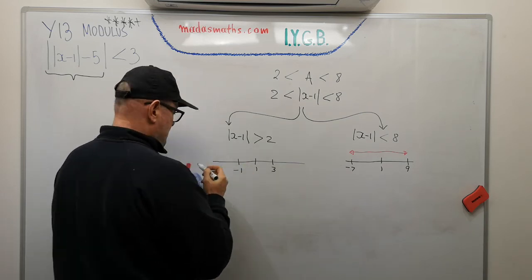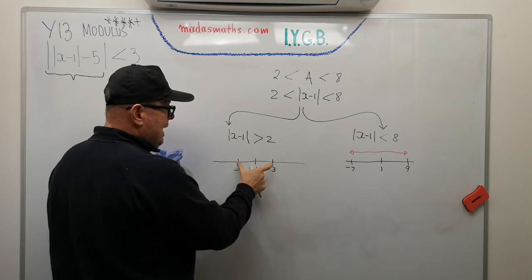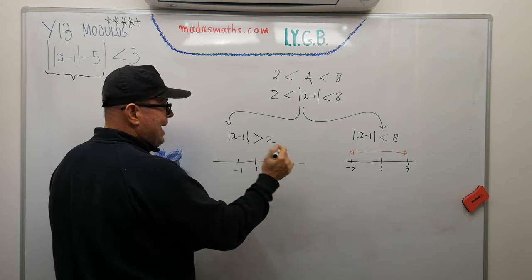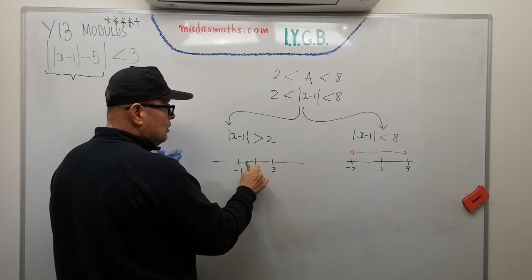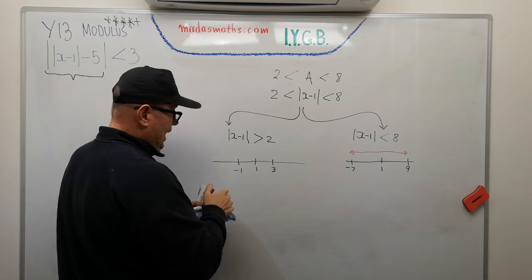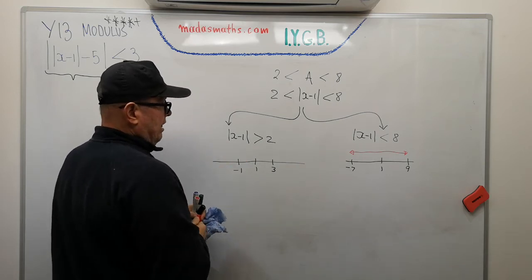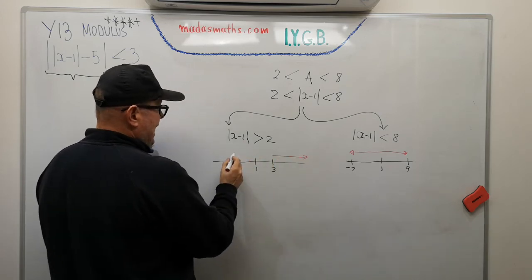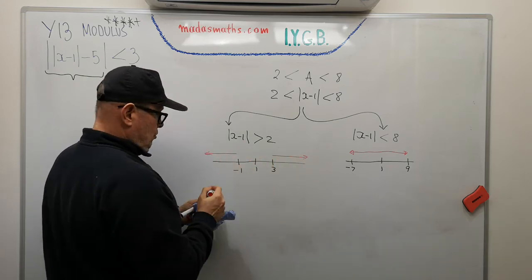But be careful, because now it doesn't say I'm within, it says more than 2 steps. So I'm actually now using a red pen outside the 3, forever to the right, and less than -1 forever to the left.